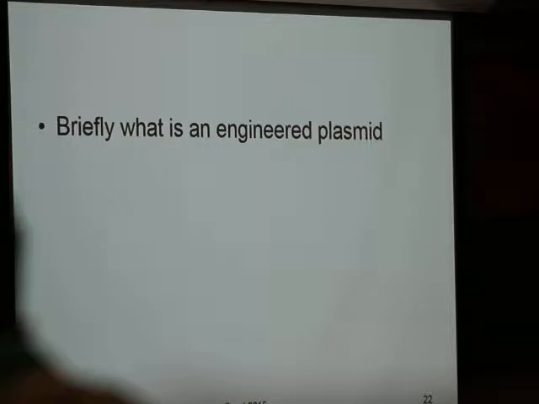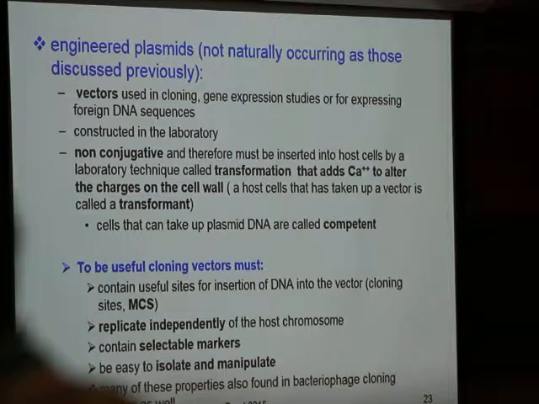All right, so before we finish plasmids, I just want to briefly talk about engineered plasmids. Then we will be done with plasmids, and that will bring us to the point of your midterm. As I told you, engineered plasmids are the plasmids we design to carry out biotechnology and molecular biology experiments.